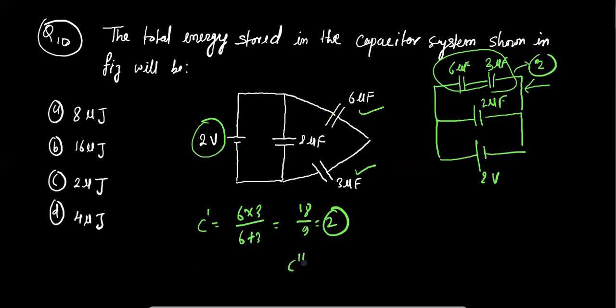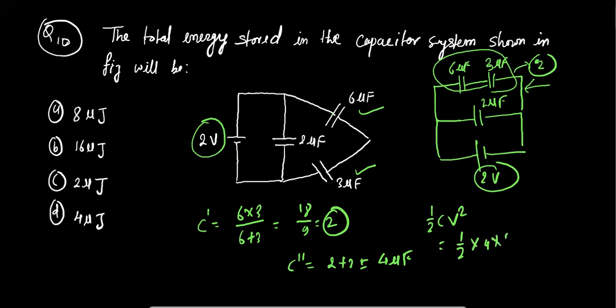That's why the equivalent capacitance will be 2 plus 2, which is equal to 4 microfarad, and the potential is 2. That's why we are going to use half CV square, which is equal to half into 4 into 2 square, which is equal to 8 microjoule. So our answer is option A.